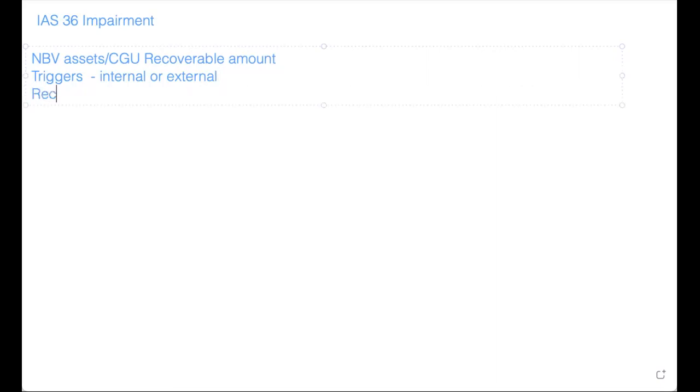And while talking about the recoverable amount, we look at the highest of value in use, the discounted future cash flows, or fair value less cost to sell. If you remember, we also have the identification of the fair value, and we use that amount to assess whether we should carry the asset under the NBV or the fair value.